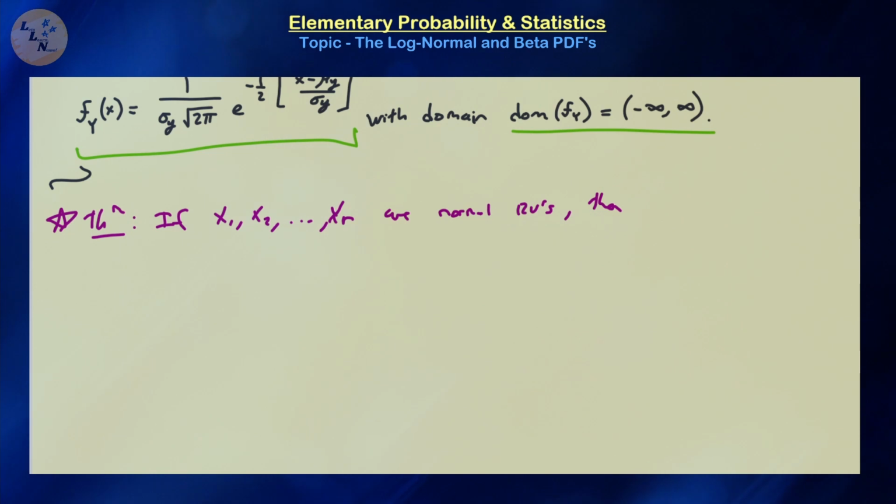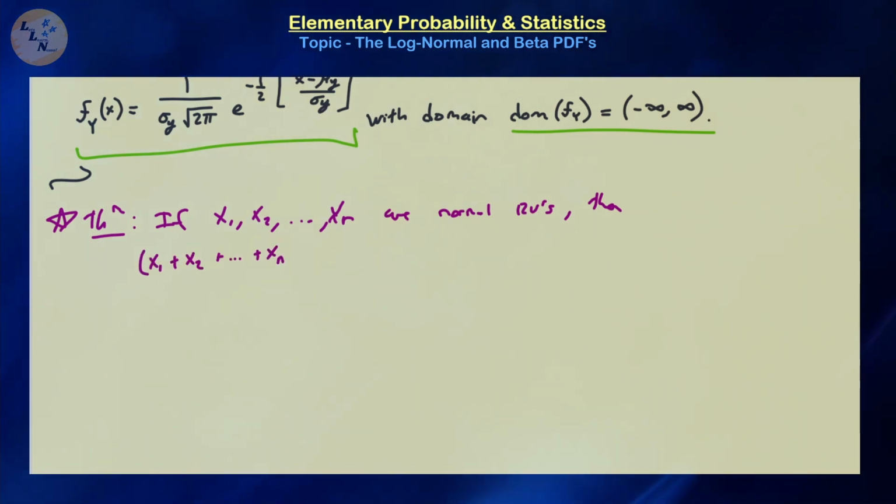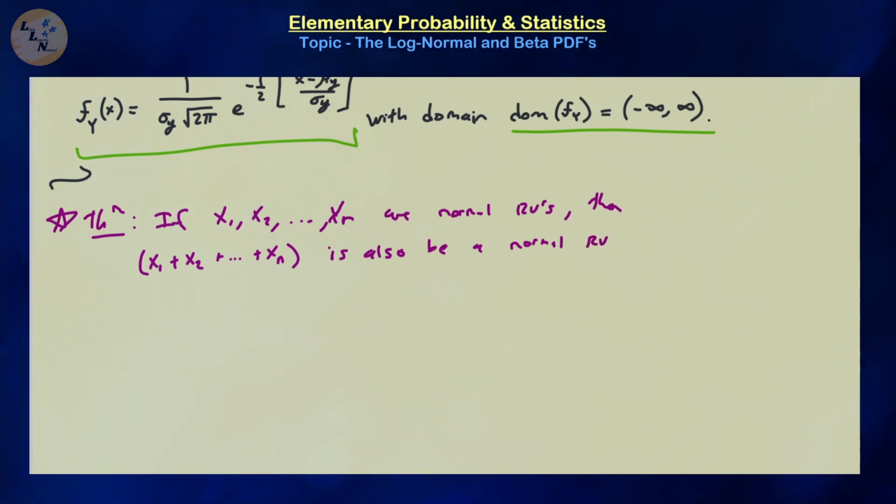Then, if we consider the random variable x1 plus x2 all the way out to xn, and you can also put some constants in front of those variables too, you'll still get the same result. This will also be a normal random variable. That is, linear combinations of normal random variables will also be normal.